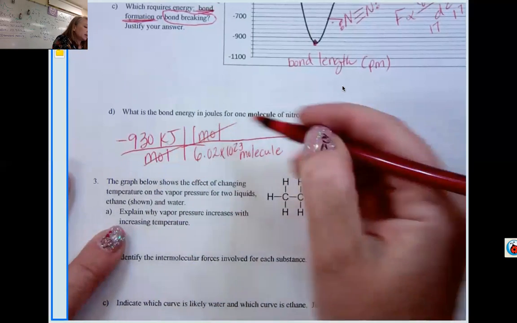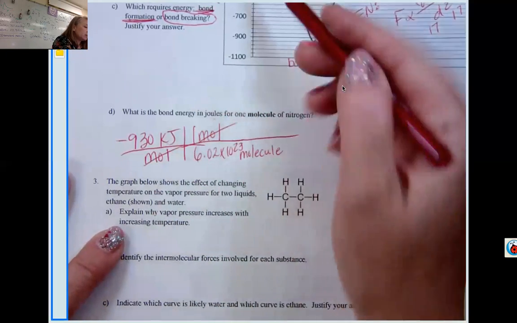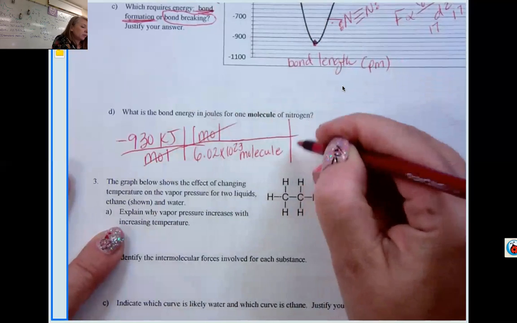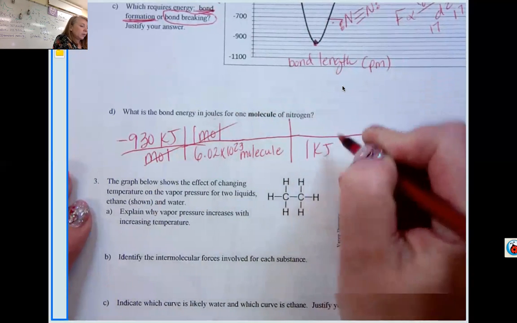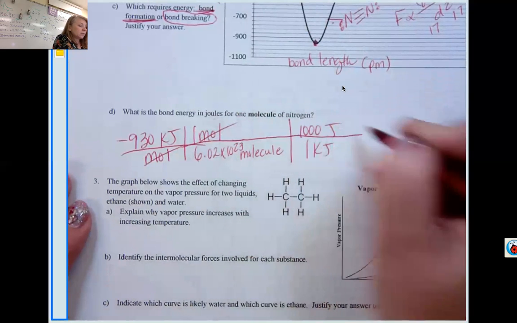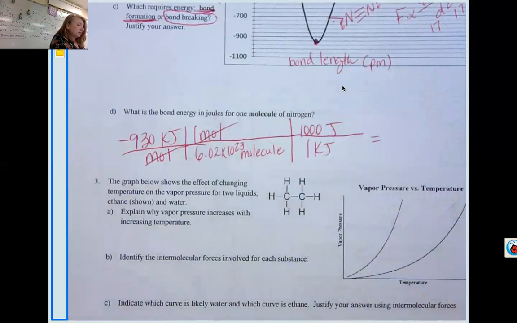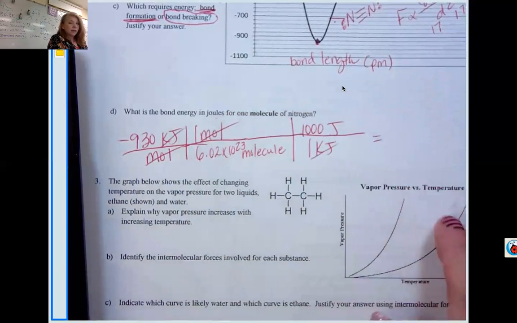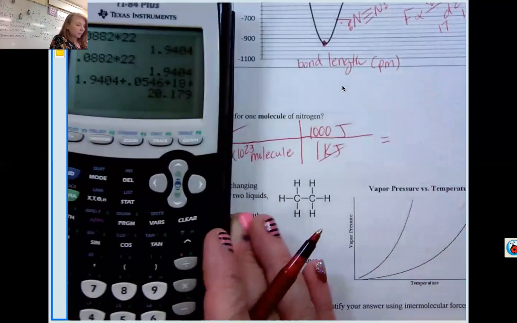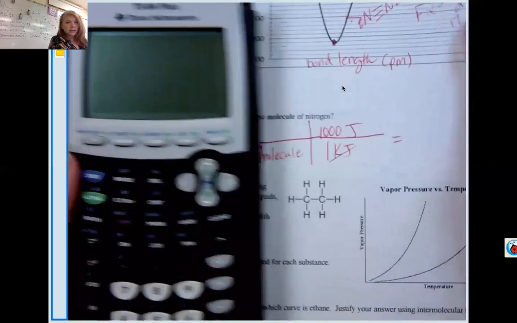And then it says in joules. So right now this is in kilojoules per mole, which is why it's really important for you to read the axes. And for 1 kilojoule, there are 1,000 joules. So we've got our dimensional analysis set up so that our units cancel out, and then we just need to do the math. Let me put my calculator over here so you guys can see that.